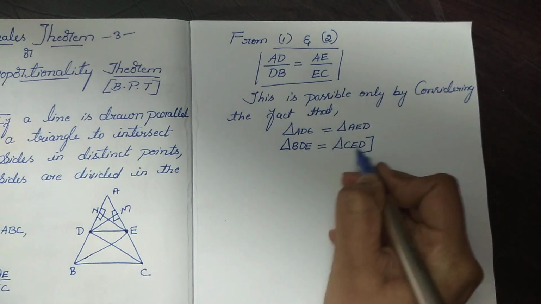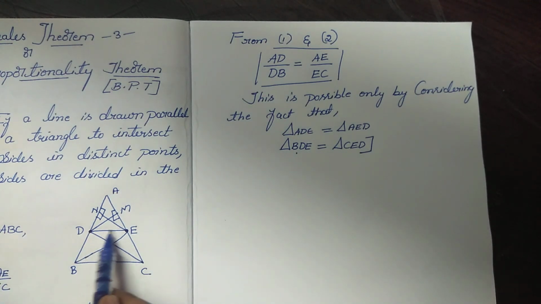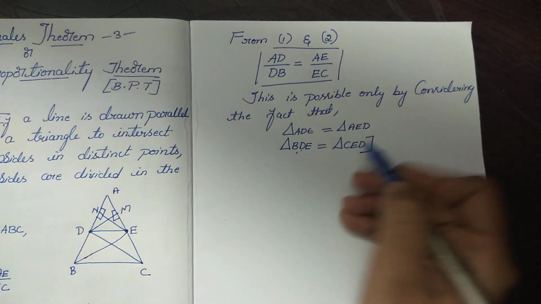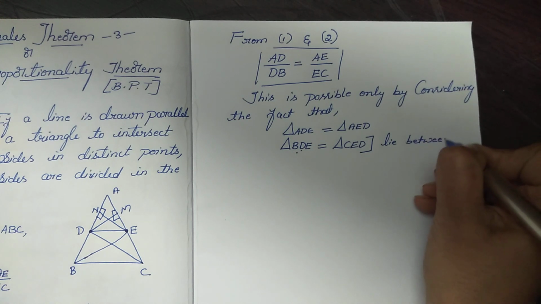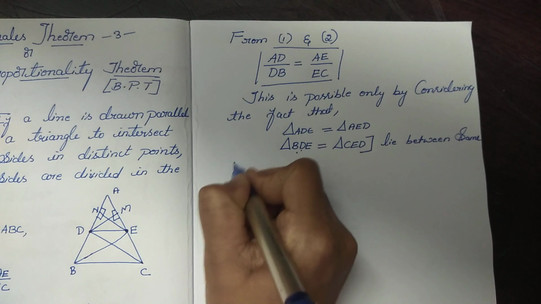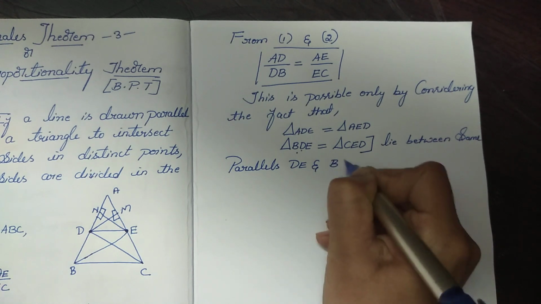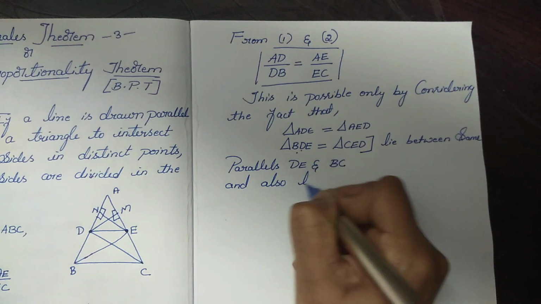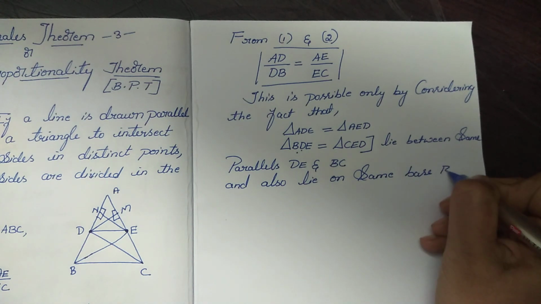Why? Because these two triangles, BDE and CED, lie between the same parallel lines, that is DE and BC, and also lie on the same base BC.